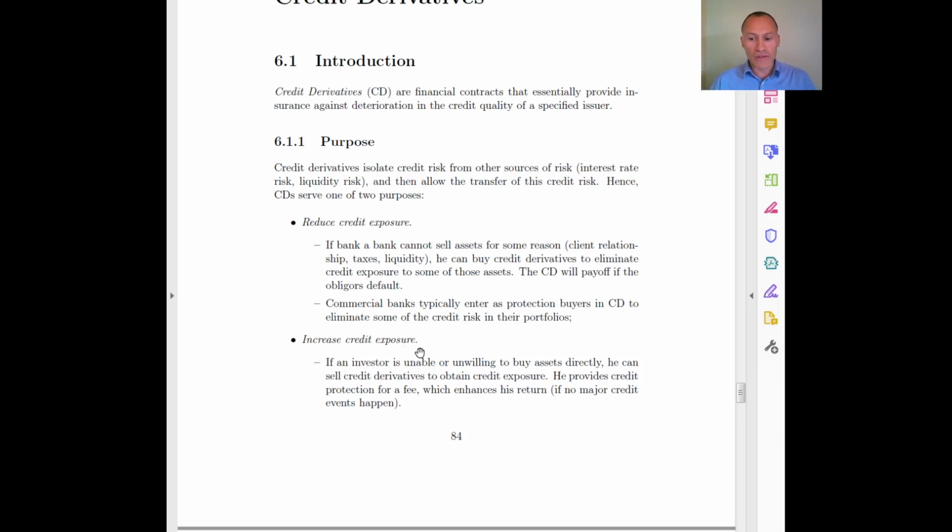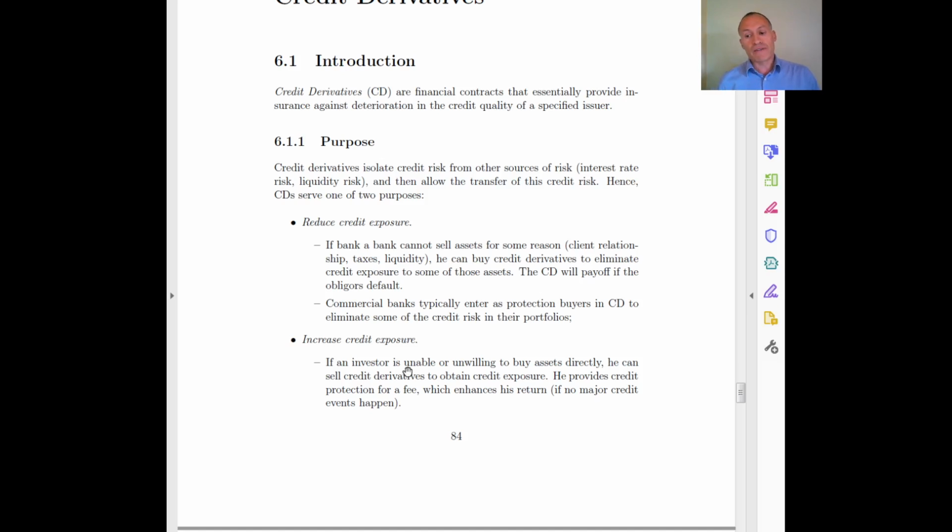On the other side, you may have investors that are unable to get those assets directly. Think, for example, of a hedge fund. A hedge fund cannot be in the business of giving loans to individuals or to small companies and so on. But the hedge fund may still want to take the credit risk and get the corresponding premium if things go well, right?